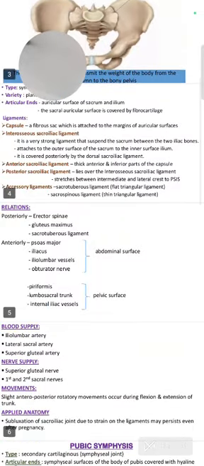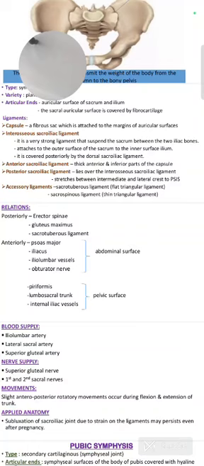And the last are the accessory ligaments. The accessory ligaments consist of a flat portion and a thin portion. The flat triangular portion is the sacrotuberous ligament, and the thin triangular portion is the sacrospinous ligament.